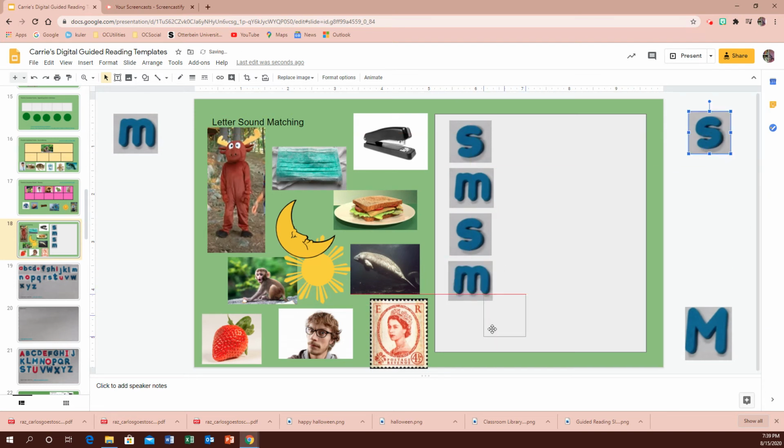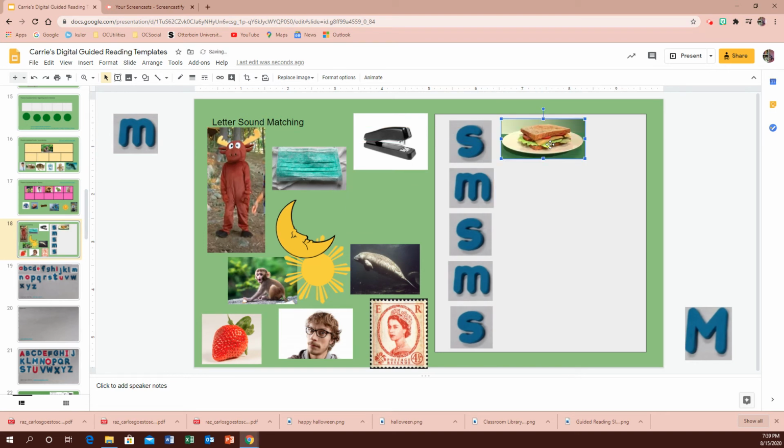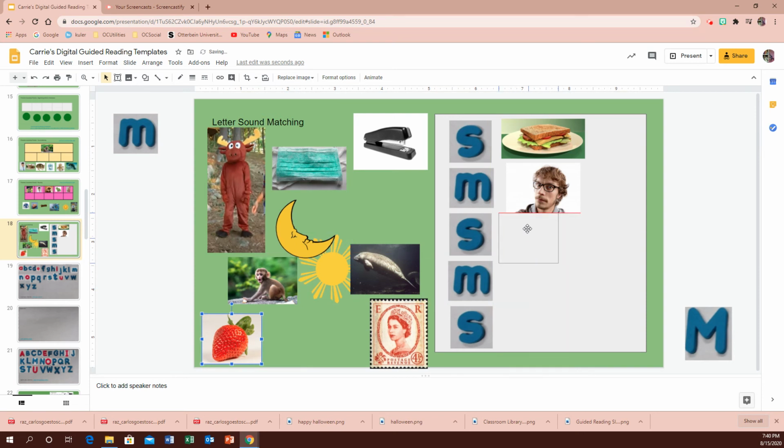You could ask kiddos to find a picture that starts with S, sandwich. Share the cursor, the child moves it over. Find a picture that starts with M, share the cursor, slide it over. So the same pictures, now we're just making it a little bit harder for students by having multiple categories here that they're having to match. Something that starts with M, right? So this would be a way to use it again.